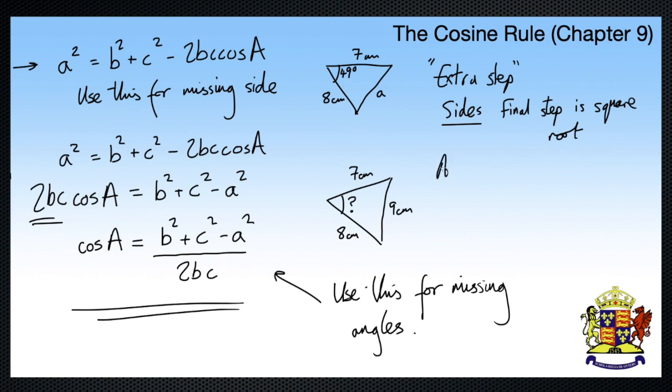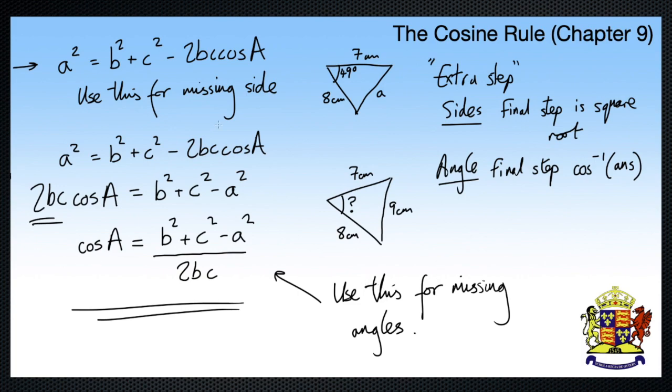And for a missing angle, your final step is to find the inverse cos. So you do cos to the minus 1 of the answer. In both cases, they don't spit out an answer straight away. You have to either, in the case of sides, square root, and for angles, do cos to the minus 1, or the inverse cos. Okay?